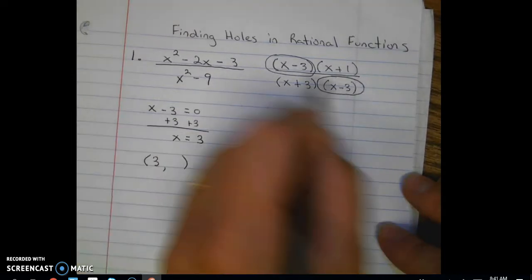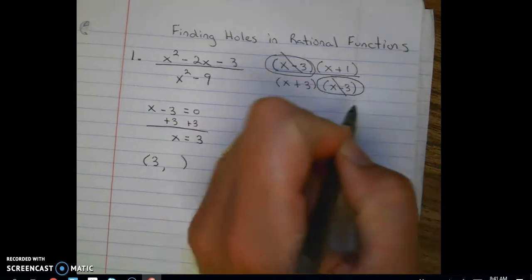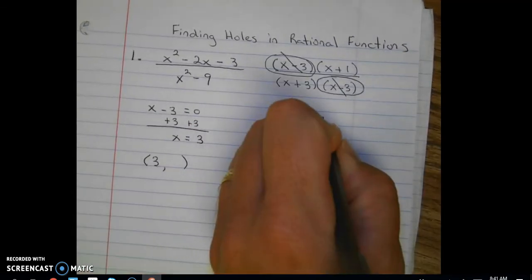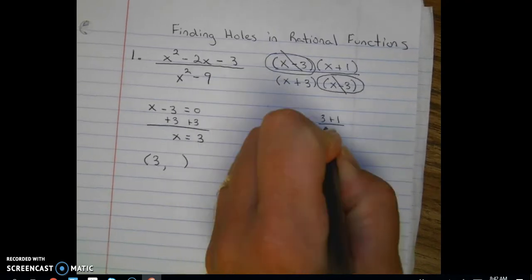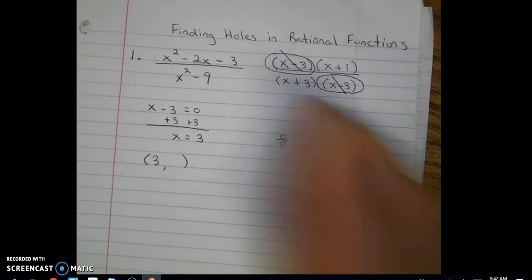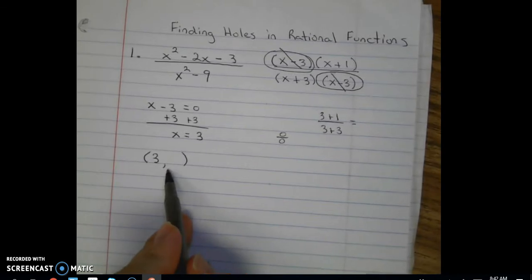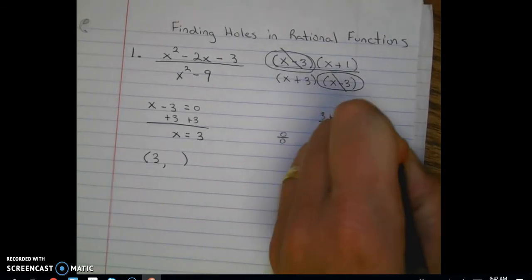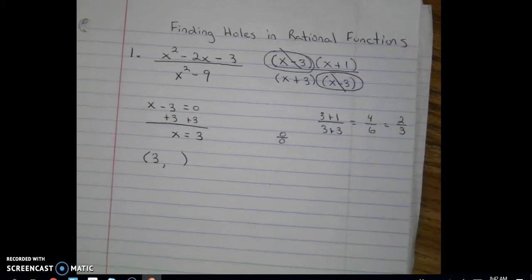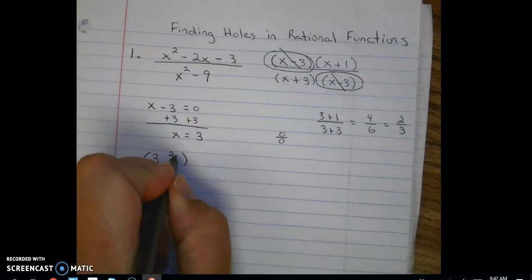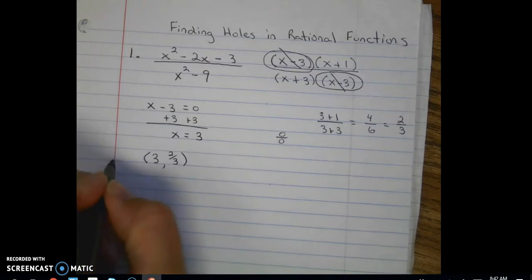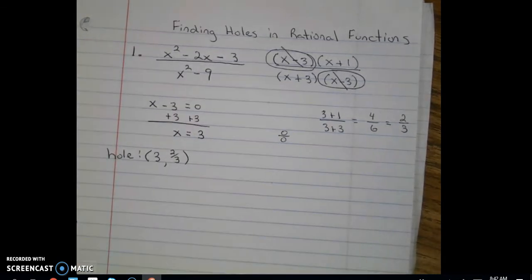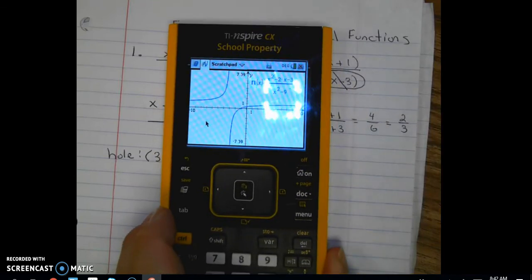So after we take these out, we plug the 3 in, and we're going to have 3 plus 1 over 3 plus 3. So our y-coordinate for our hole is going to be 4 over 6, or 2/3. So our hole is at 3, 2/3.